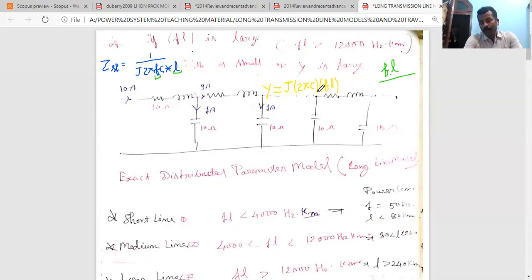Okay, now if we calculate the admittance Y, shown in yellow color, Y will be equal to j 2 pi C into FL. 2 pi C is taken as a single unit and FL is another unit.